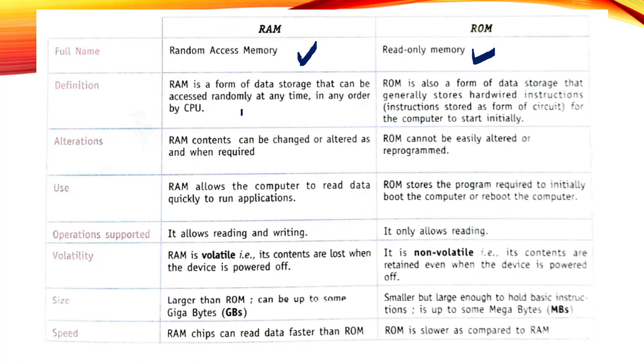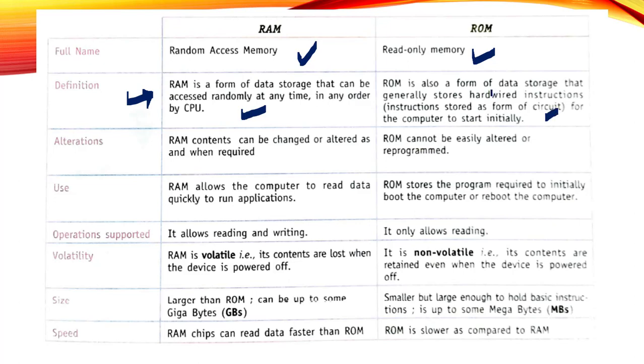RAM is a form of data storage that can be accessed randomly at any time in any order by the CPU. It means the data of RAM is generally stored for the CPU processing purpose, and this data can be used by the CPU as per the requirement of processing. Next we have ROM.